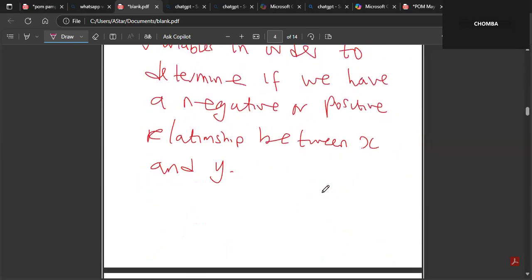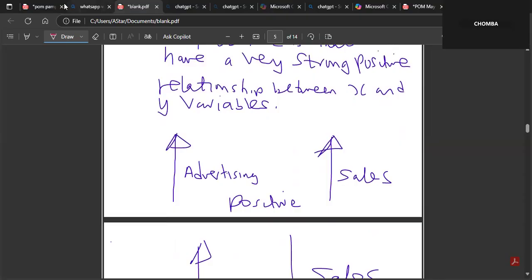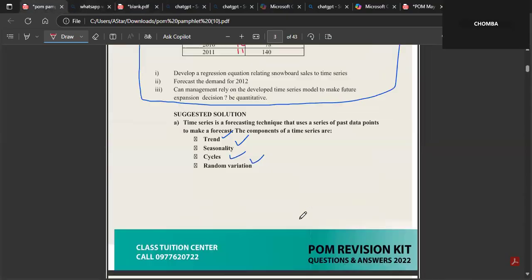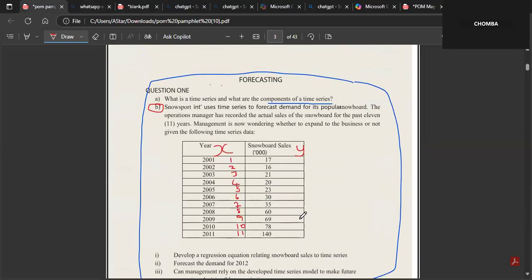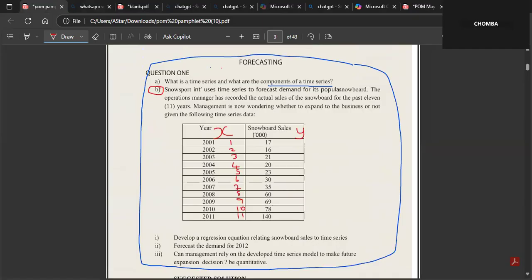Okay, so that's the regression line. Now, what question are they asking us? Let's go back here. They ask us to develop the regression equation relating the snowboard sales to the time series, then forecast the demand for 2012.